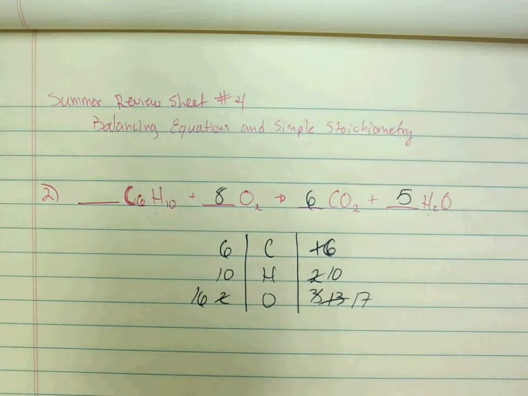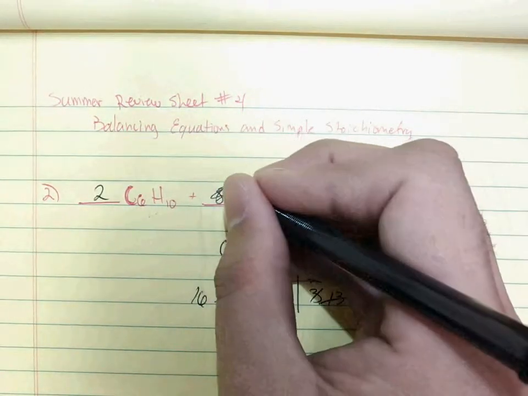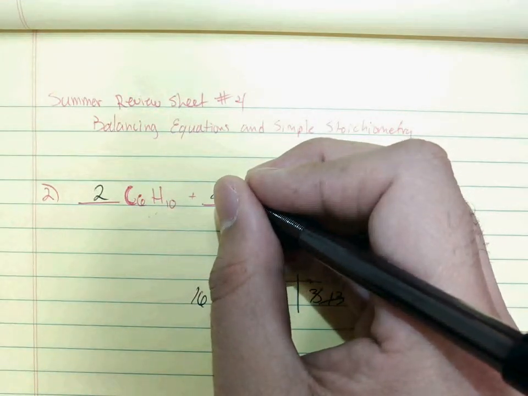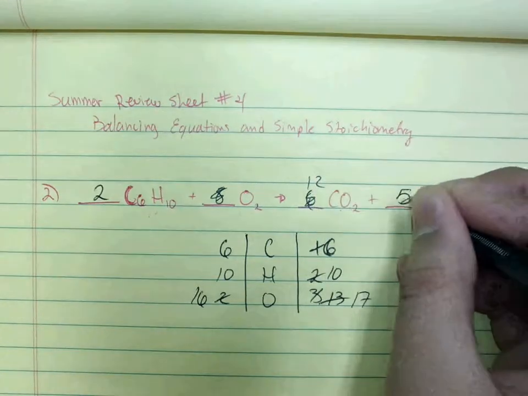I could maybe try doubling everything. So let's try that. I'm going to put a 2 right there. I'm going to put a 12 right there. I'm going to put a 10 right there.